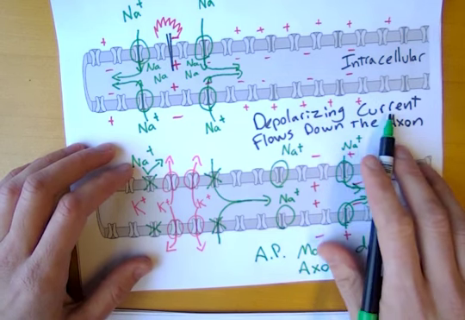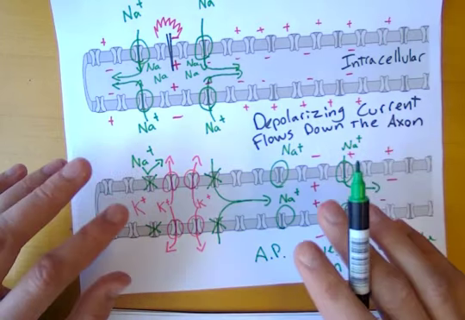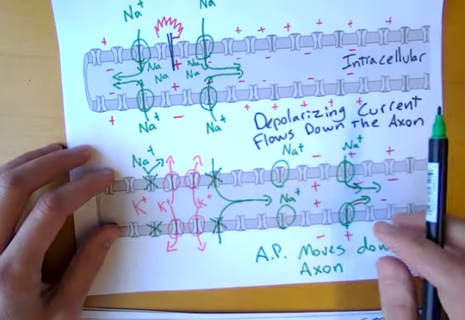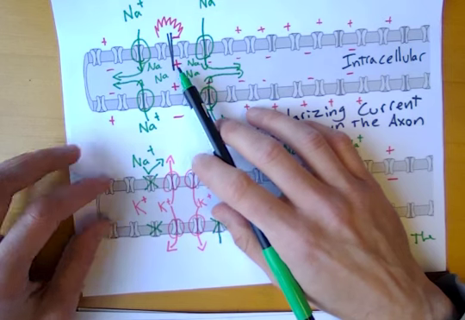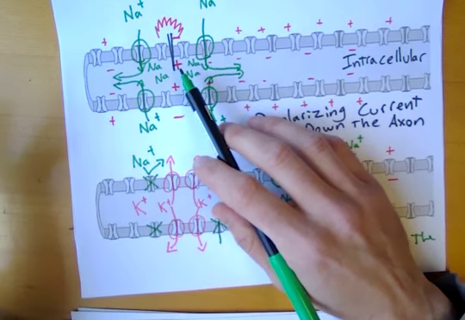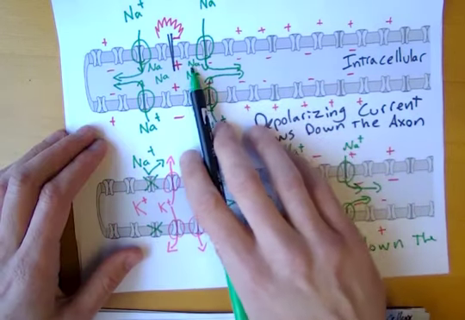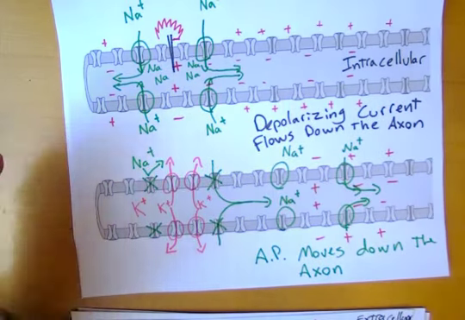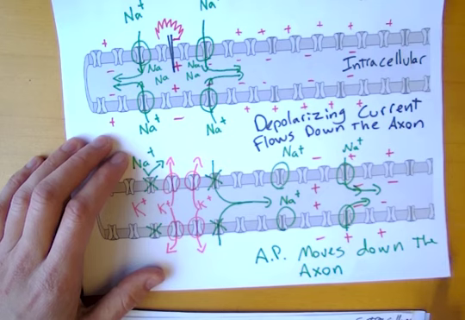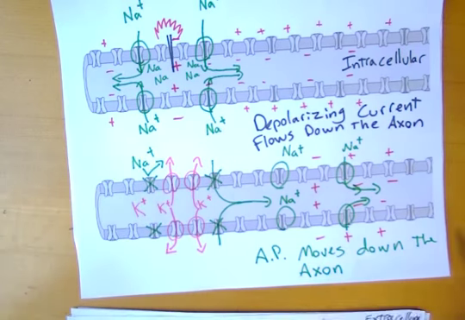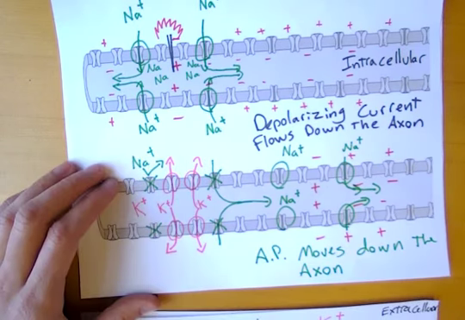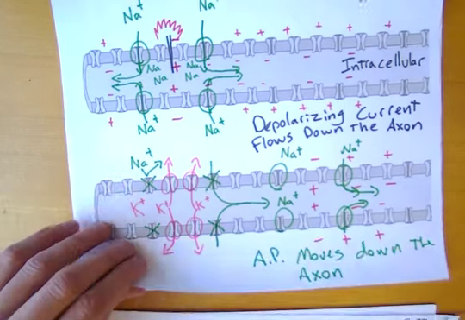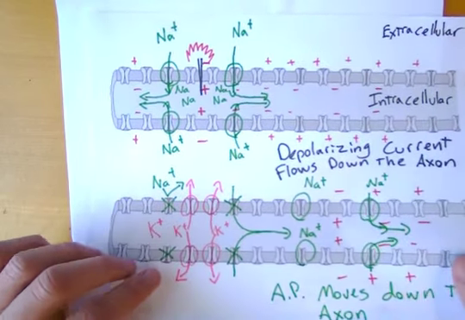If the depolarizing current initially brings it to negative 56, that's not quite enough, and you won't get this depolarizing current that flows down the axon, and thus an action potential will not move down the axon. So this is how it propagates down.